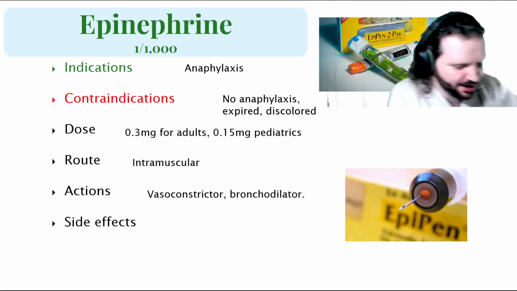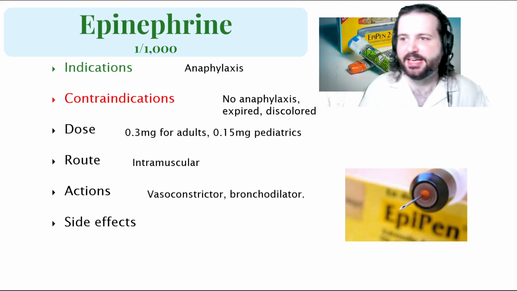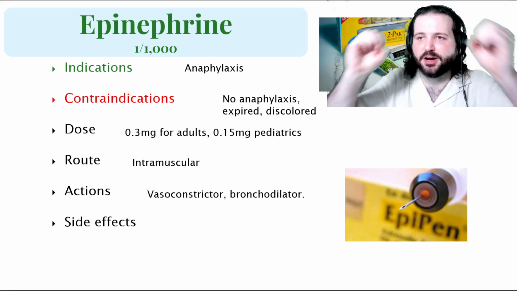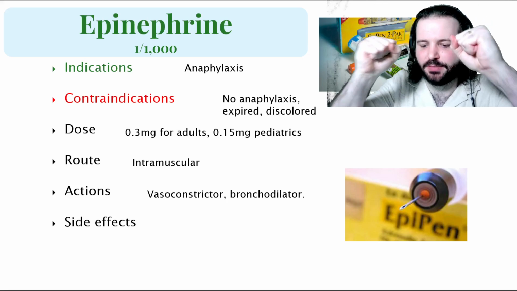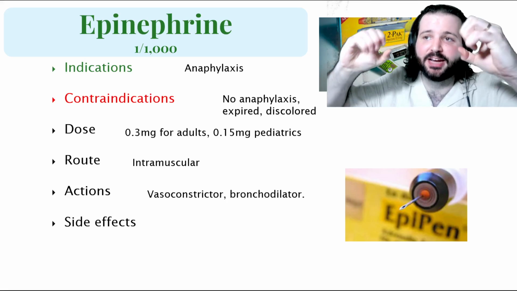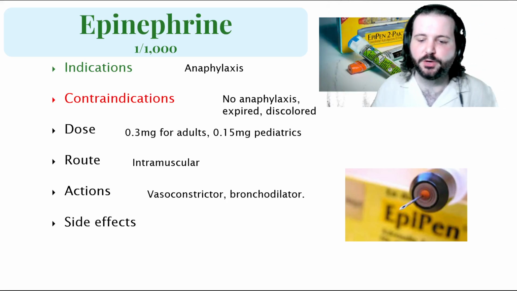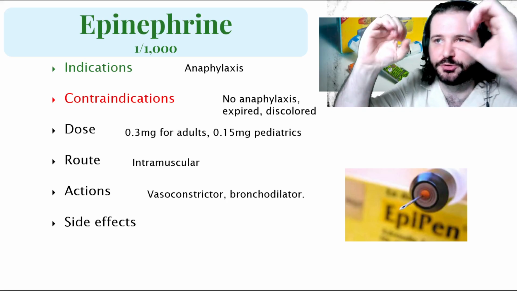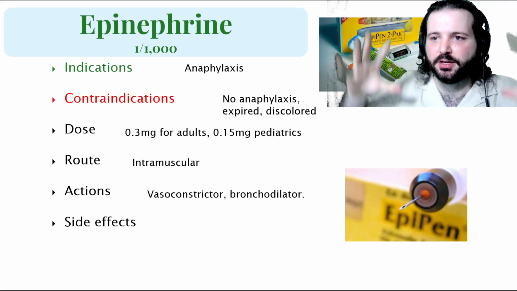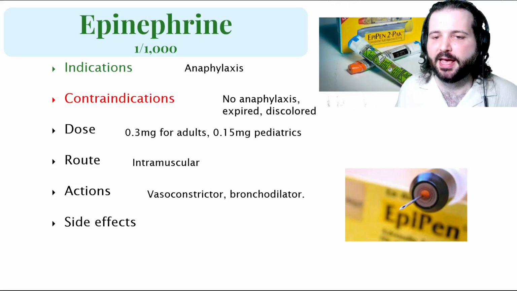It dilates the bronchi. So those tubes inside the lungs that we have, the bronchioles, right? They are constricting, they are getting tight because of the anaphylaxis. And if we give them a bronchodilator, it causes them to open up.